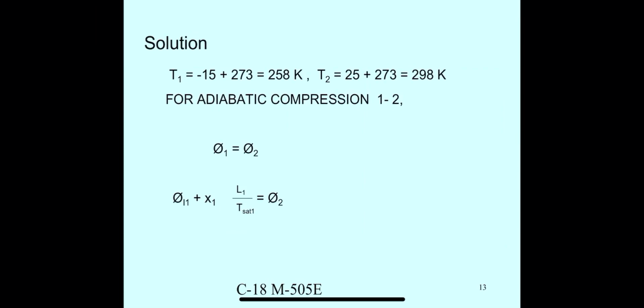See the temperatures T1 and T2. T1 is minus 15 degrees centigrade plus 273 gives 258 Kelvin, and temperature T2 is 25 degrees centigrade plus 273 gives 298 Kelvin.